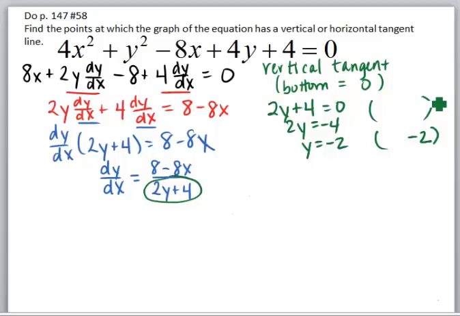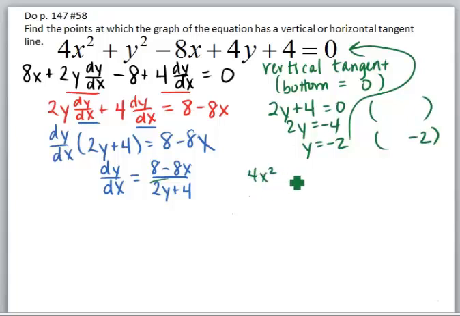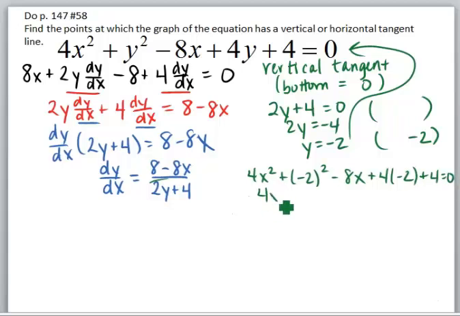How do we get our x values? Well, we have to take that y value and plug it back into our original equation up here. So we now have 4x squared, plug in our negative 2 for our y squared, minus 8x plus 4 times negative 2 plus 4 equals 0. That gives me 4x squared plus 4 minus 8x plus negative 8 plus 4 equals 0.